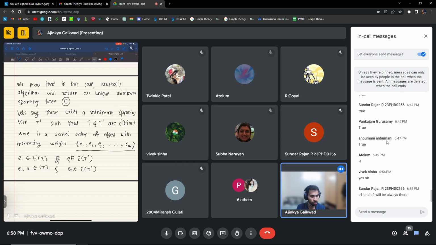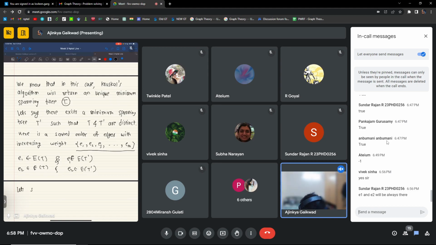So what I'll do is I'll take the first edge in this sequence such that the EIth edge is there in T, but it is not there in T prime. Let me write this down so you understand.